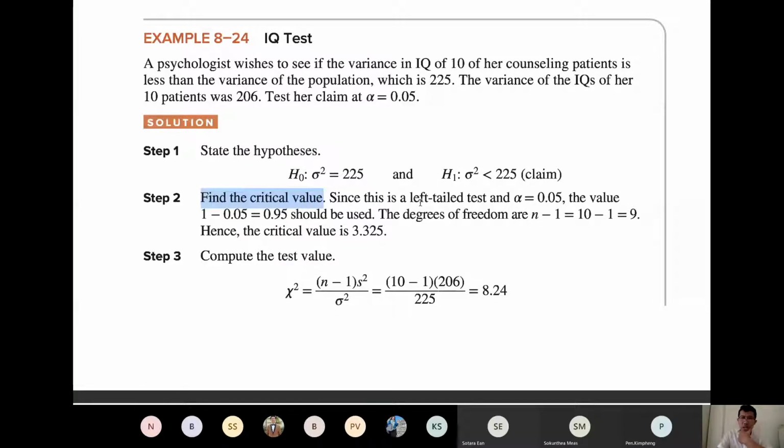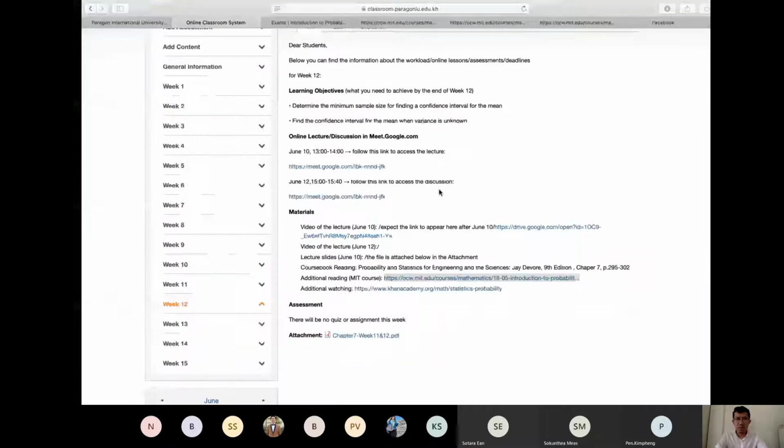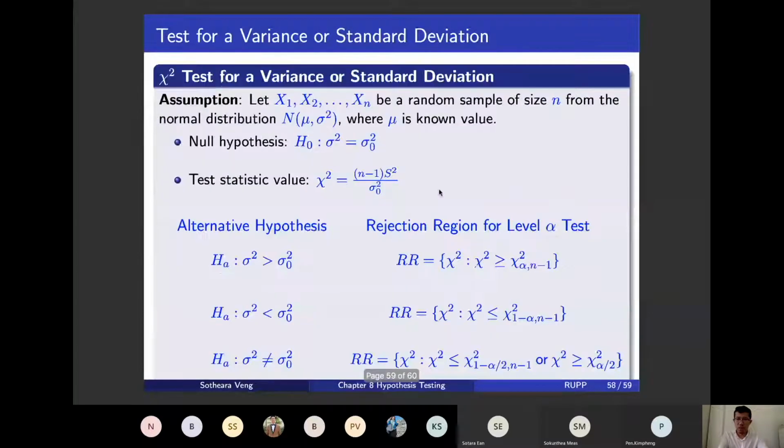Since this is the left tail test, why is it left tail? It depends on your alternative hypothesis, right? If sigma square is greater than a certain value, it is considered the right tail test or the upper tail test.